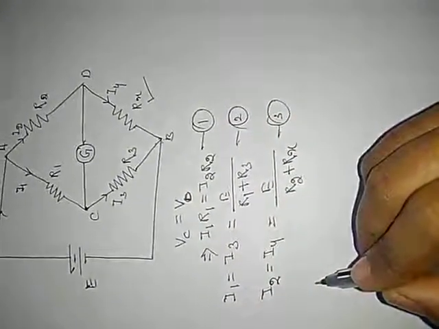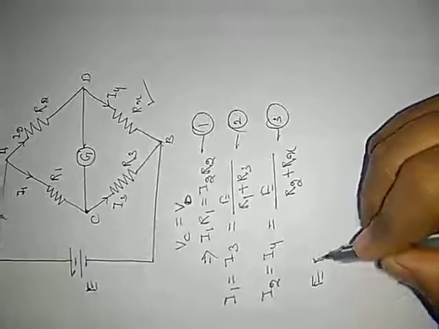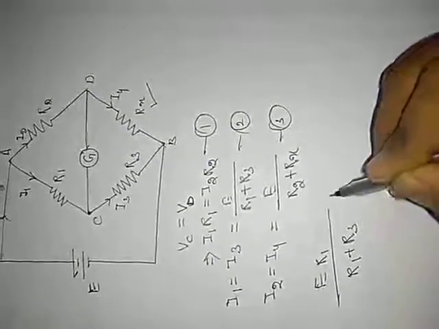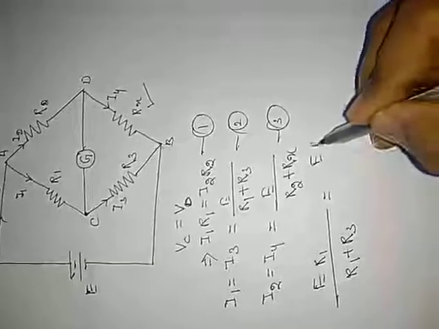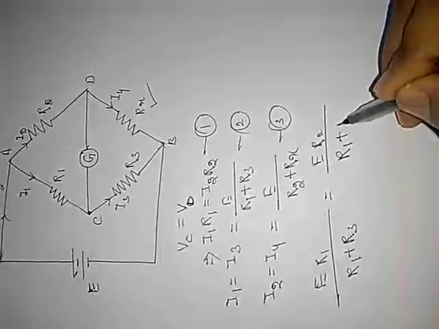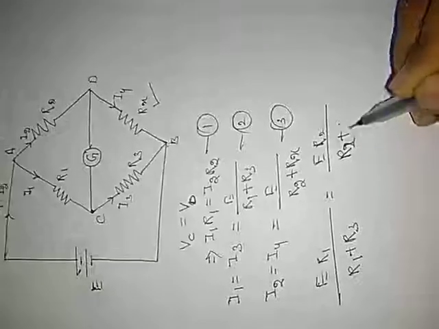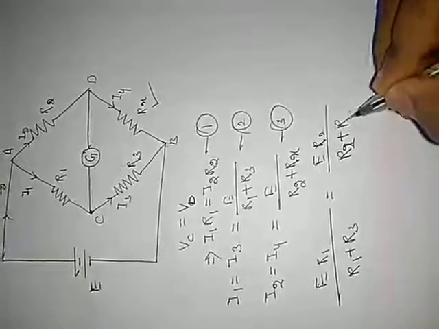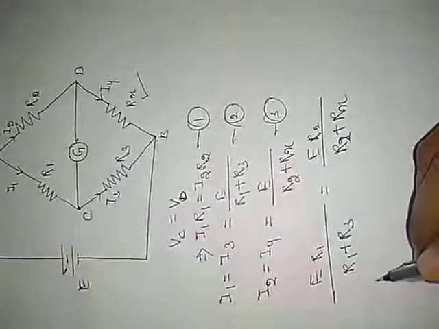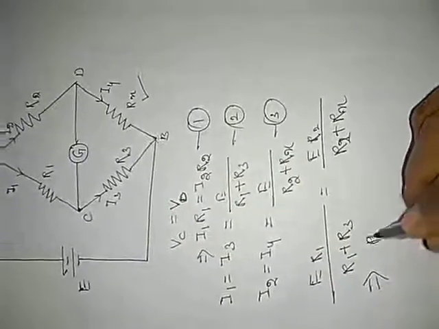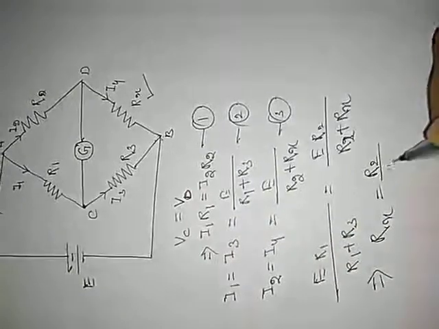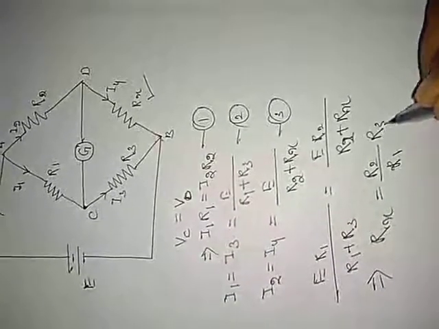You get ER1 by R1 plus R3 is equal to ER2 by R2 plus Rx. And if you solve this equation, you get Rx, which is the unknown one, equal to R2 by R1 into R3.